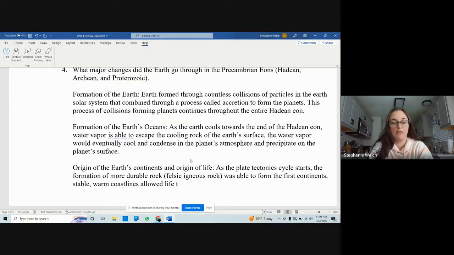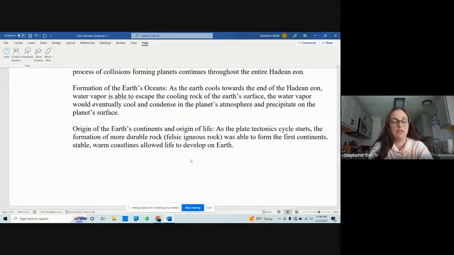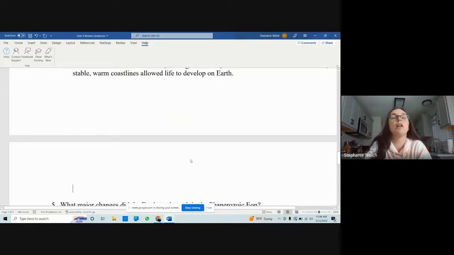Allowed life to develop on Earth. So these events are really, really broad. They're really spread out through geologic time, but they're all incredibly important for what's to come, both in terms of the geology on Earth and life.